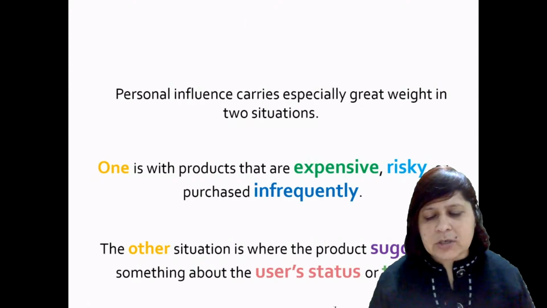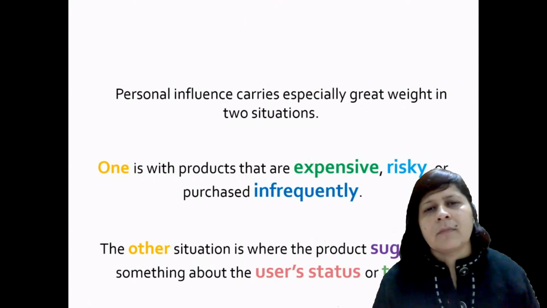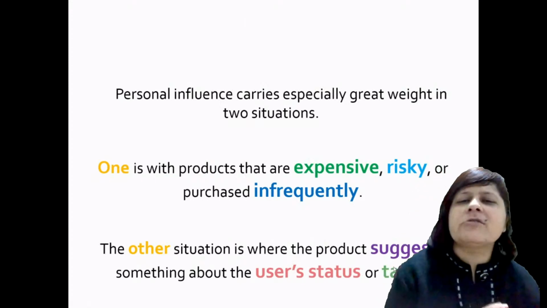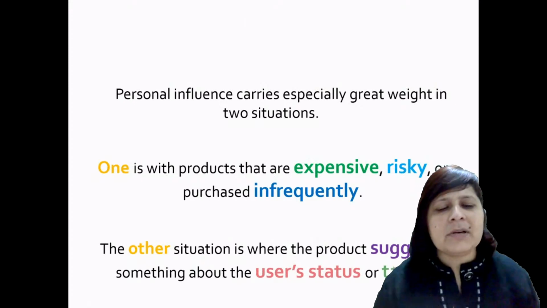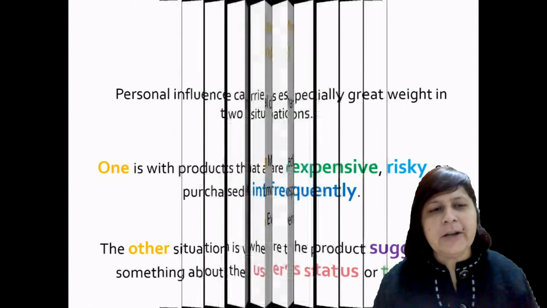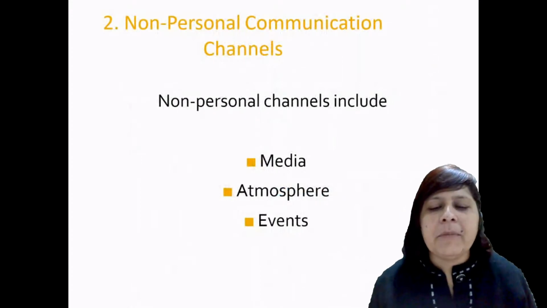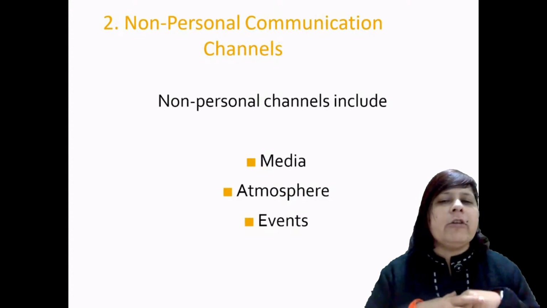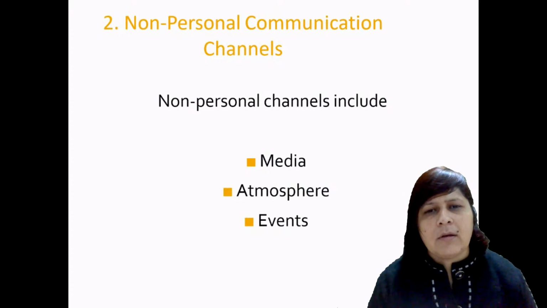The other situation is where the product suggests something about the user's status and taste, right? When the product is related to the status of the user or the taste of the user, then personal influence plays an important role. Non-personal communication channels could be the media. Media is used when we want to reach the masses, right?